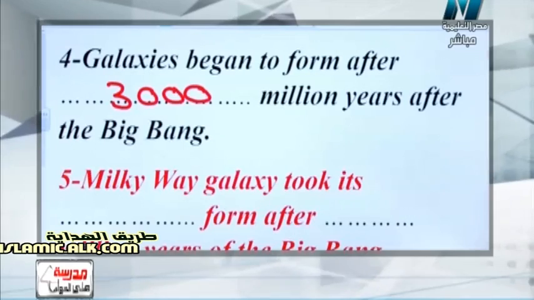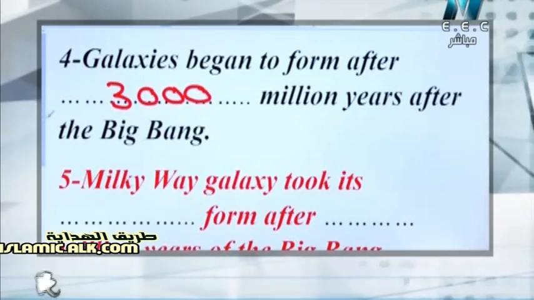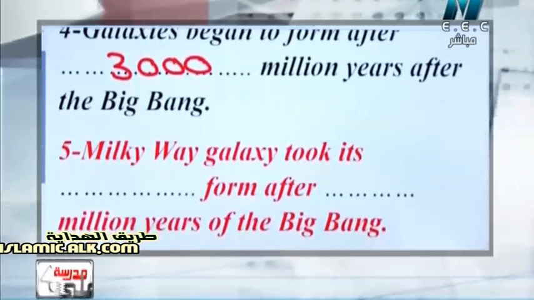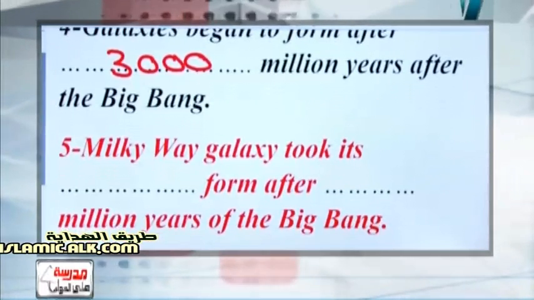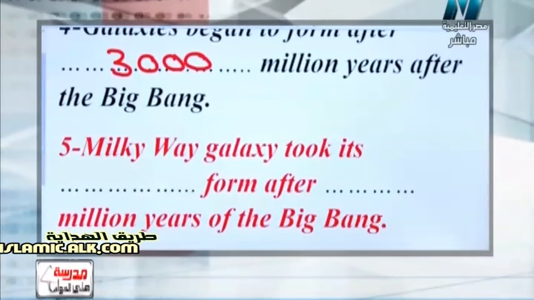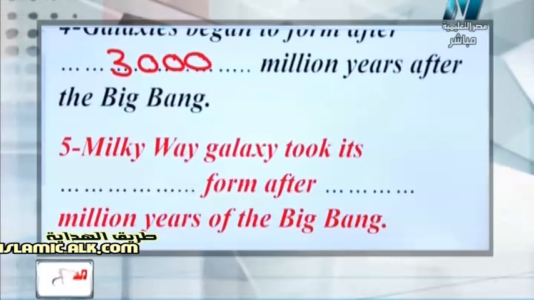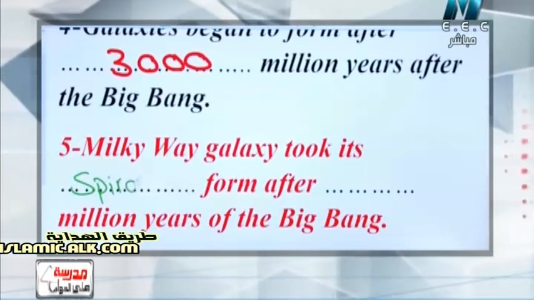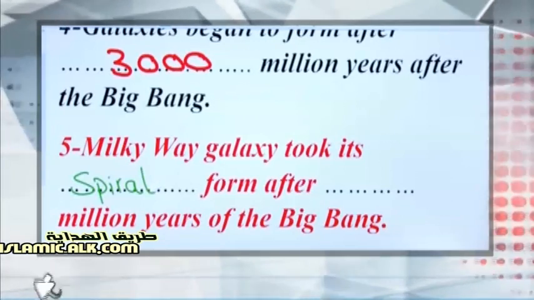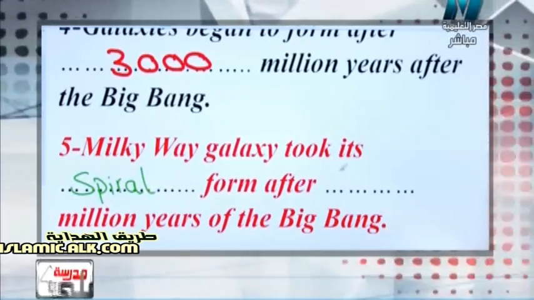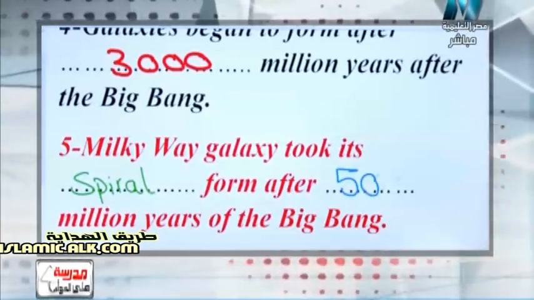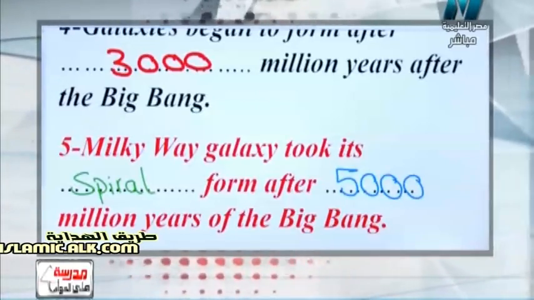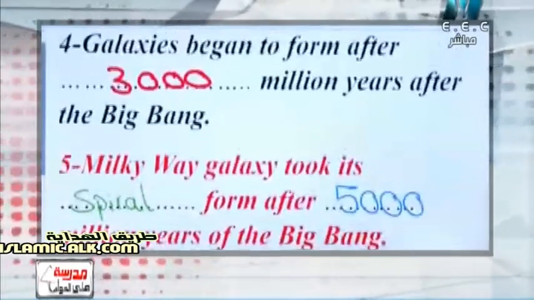Here it didn't specify, so it means the old galaxies. The Milky Way galaxy took its spiral form after 5,000 million years of the Big Bang.